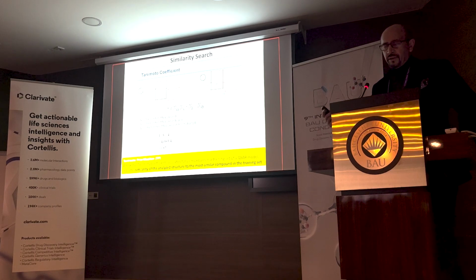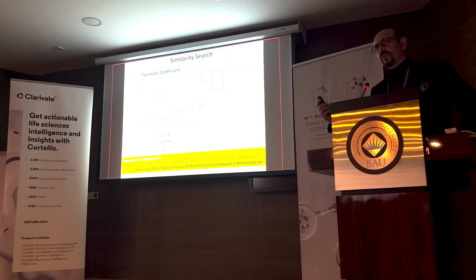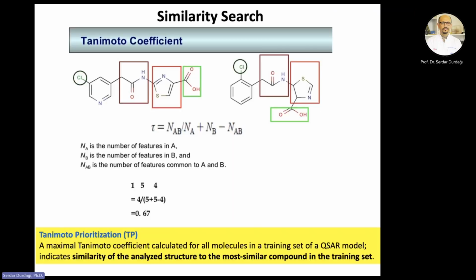In Metacore we will get the QSAR model results, the prediction of the QSAR models, but we will also get the Tanimoto Prioritization value in parentheses. This value is the maximal Tanimoto coefficient calculated for all molecules in the training set of the QSAR model.